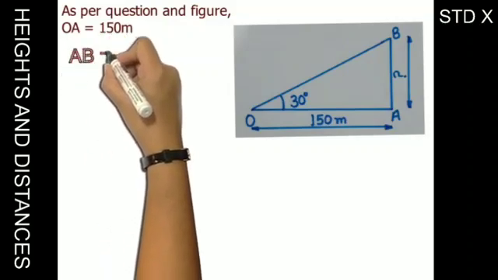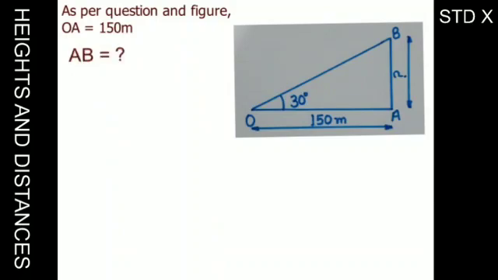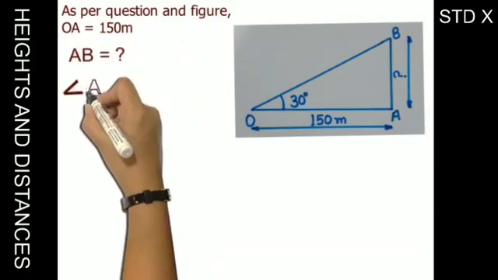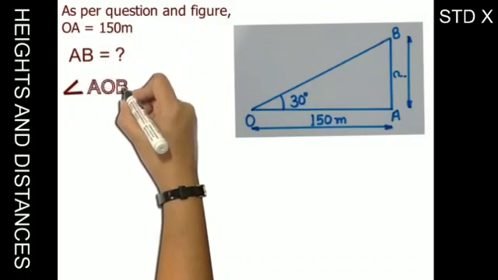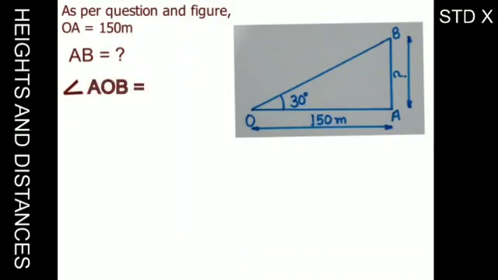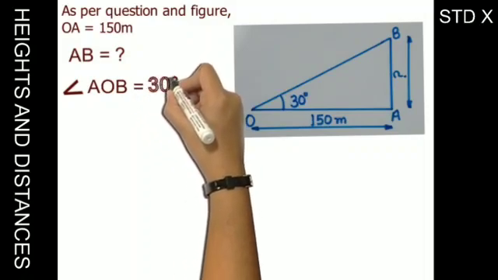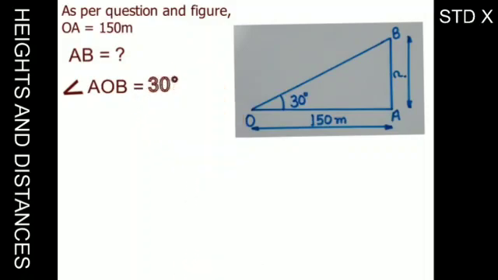So which type of triangle is this? This is a right angle triangle, and if the triangle is a right angle triangle, then we can apply the Pythagoras theorem. What is the Pythagoras theorem? You all know. Perpendicular square plus base square equals hypotenuse square.